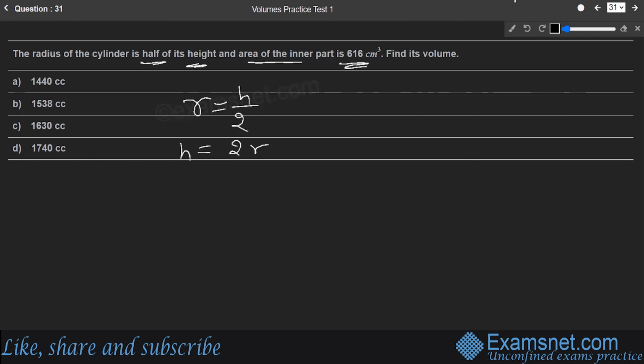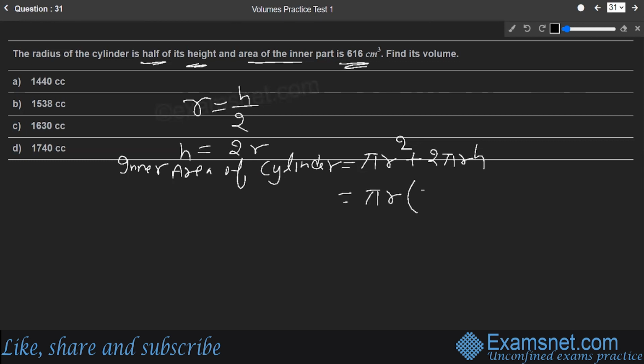So the area of the inner part of a cylinder includes the area of the base, that is pi r square, plus the area of the walls, that is 2 pi rh. Let us replace h as 2r in this. So if we take pi r common, this can be written as r plus 2h.